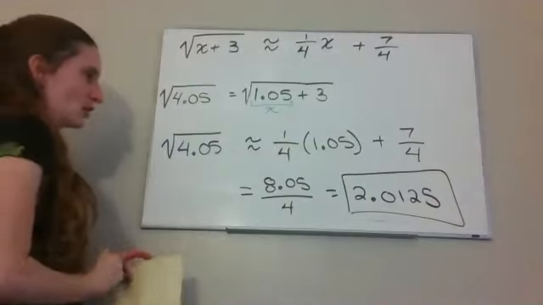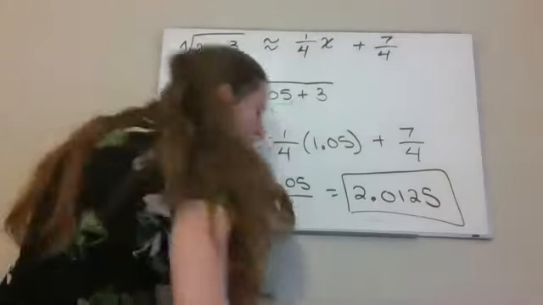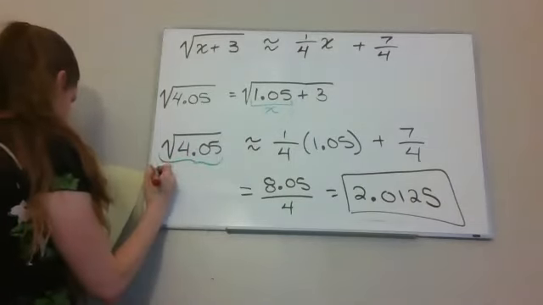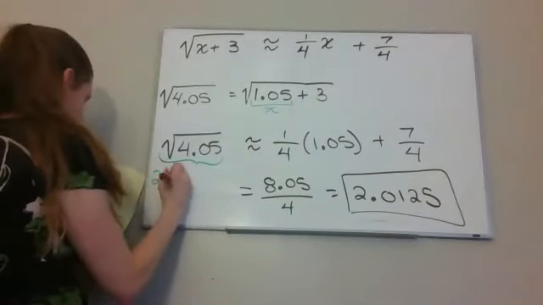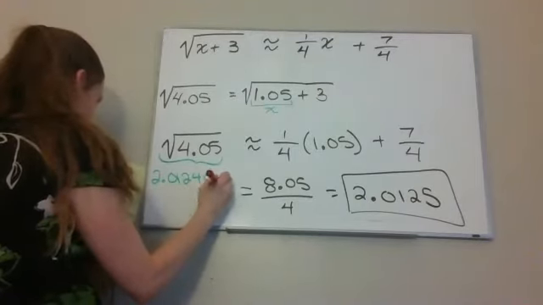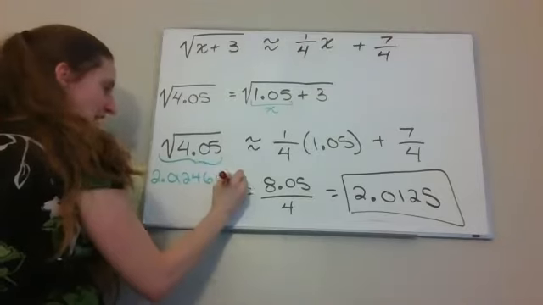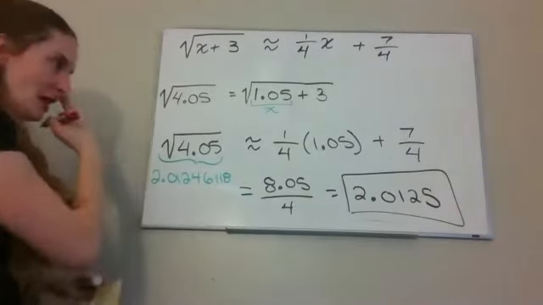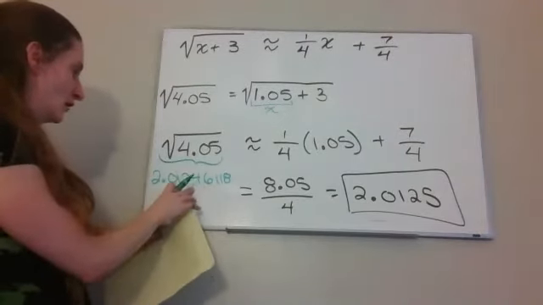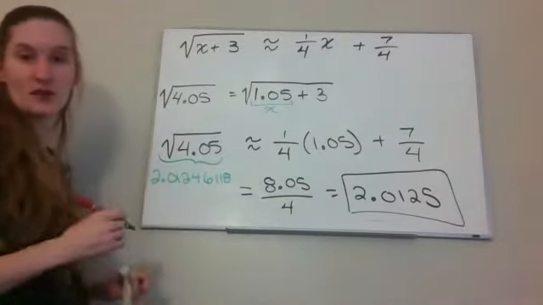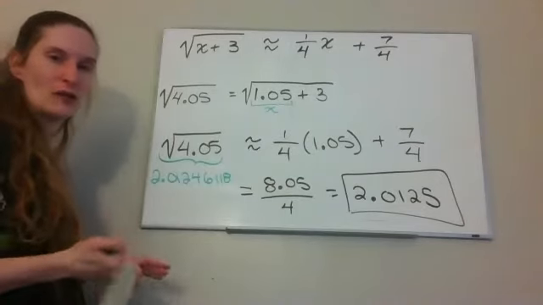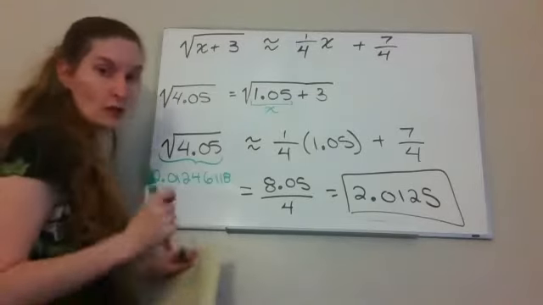And again, if you want to know how accurate this is, go ahead and type square root of 4.05 in your calculator, and it will tell you 2.0124611-ish. You can see that, again, we're super close. If I round this to 4 decimal places, it matches my approximation. So it is a very good estimate, as long as we're using values for x that are very close to 1.